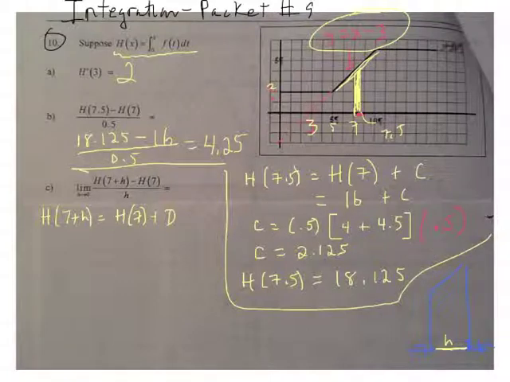Okay, so our d is the area of the trapezoid, and the area of the trapezoid is half the sum of the bases. The sum of the bases, well, we know that at 7, we know that value is 4.